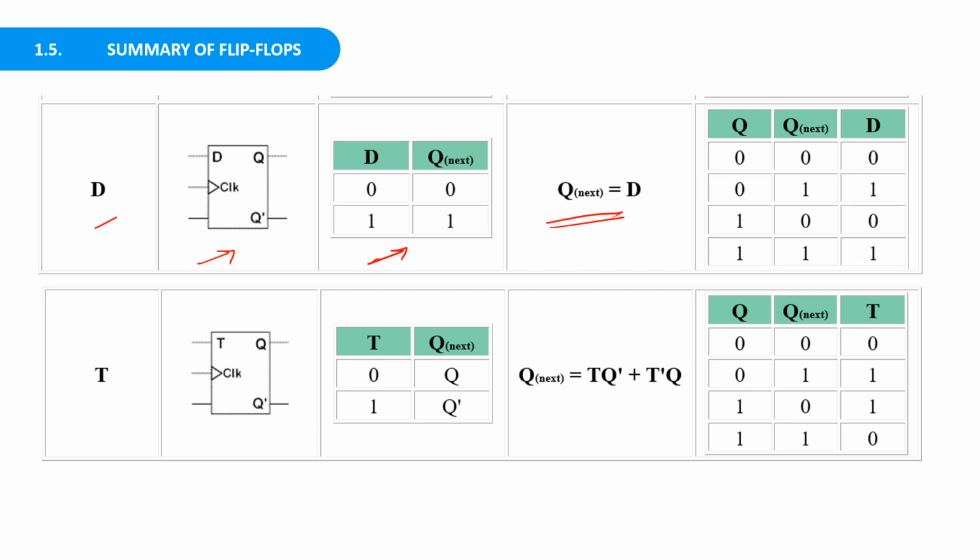This is the expression and this is the excitation table for the D flip-flop. Now for the T flip-flop, this is the symbol used. So this is the characteristics table and this is the expression for the output, and this is the excitation table.